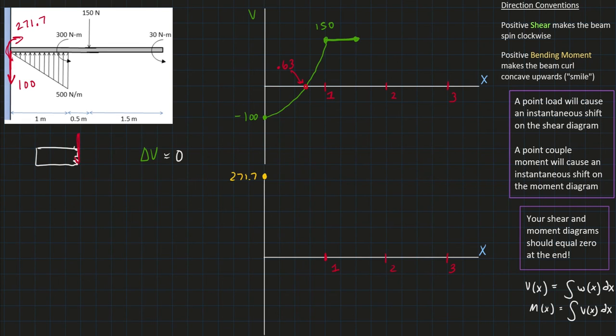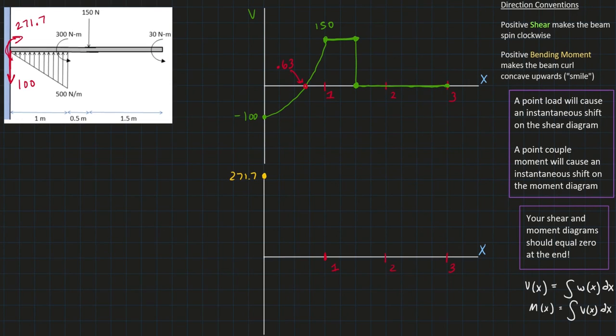We know from that argument that here's our negative 150. I'm going to need negative shear to balance it. So this brings us down by 150. And from then on, there is no w, which means no change from our current shear value.